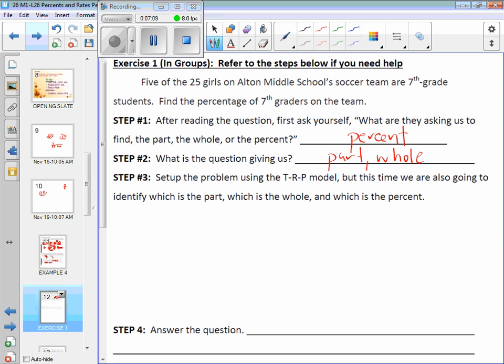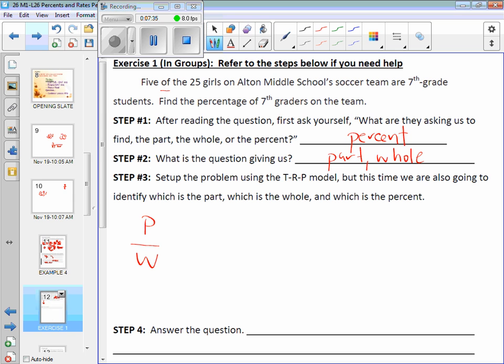How you set it up is everything. That is the most important part. If you just want to write part over whole and abbreviate the letters, that's good, because all it does is show us where things are going to go when we set everything up. All right, let's break it down. 5 of the 25.